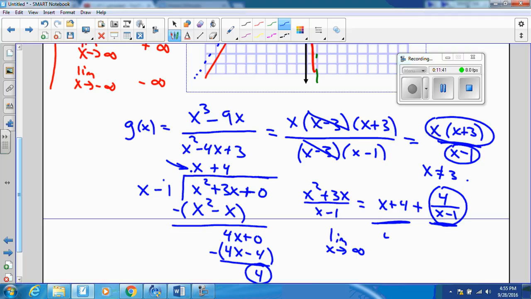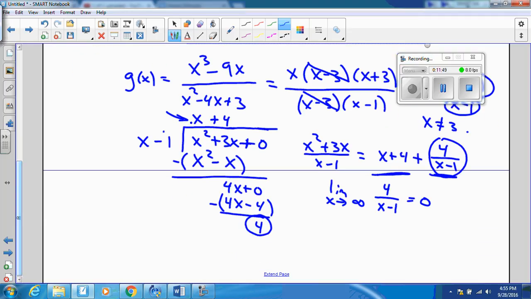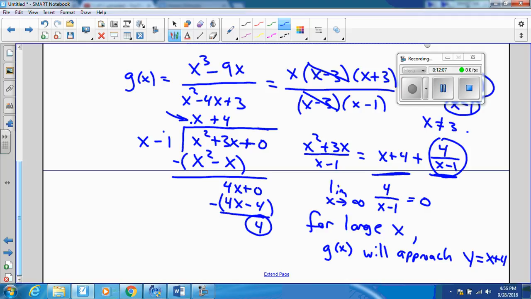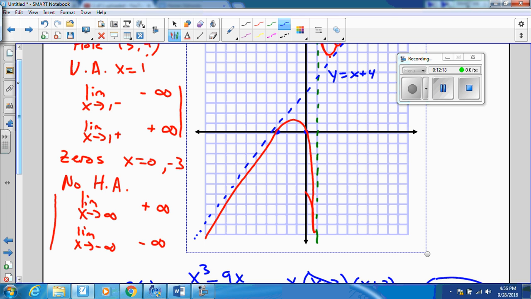Here's the next thing that I want to observe. I want to observe about the remainder term, that as x goes out to infinity, the remainder term goes to 0, which means that for very large x and very negative x, g of x, or the reduced fraction for my g of x, will approach the line y equals x plus 4, this line right here, because this term is going to 0 for very large x.